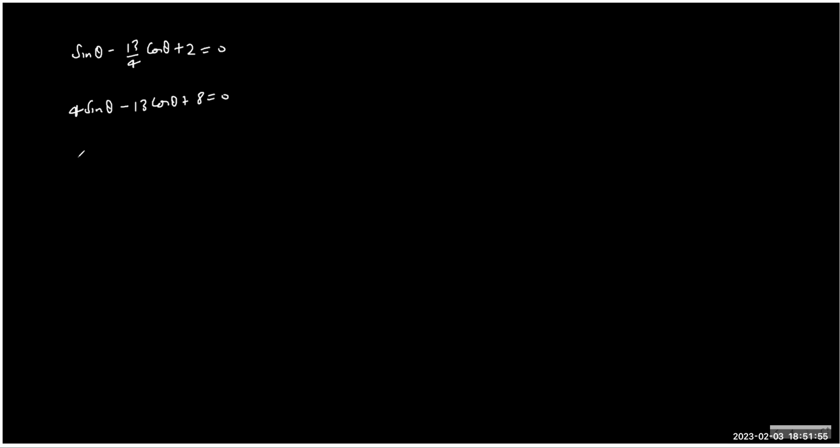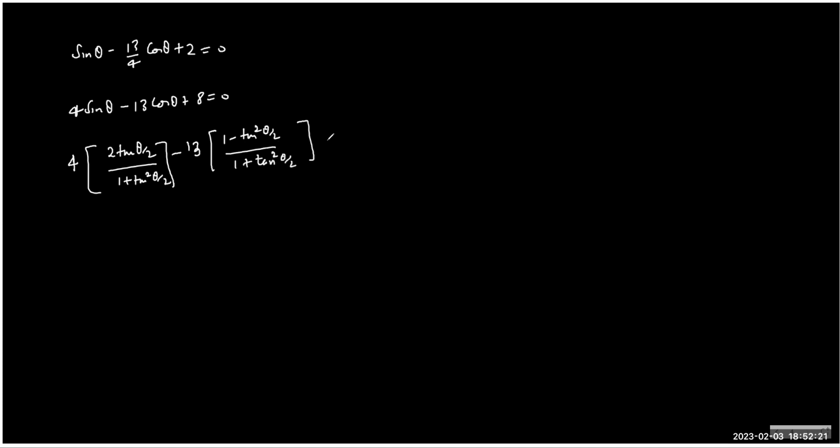When you have sine and cos in the same function, then in trigonometry there is a common way of expressing them in terms of tan theta by 2. Sine becomes 2 tan theta by 2 over 1 plus tan square theta by 2. Cos we can write as 1 minus tan square theta by 2 over 1 plus tan square theta by 2, plus 8. Let tan theta by 2 equal x. If you do so, you will get 8x upon 1 plus x square.